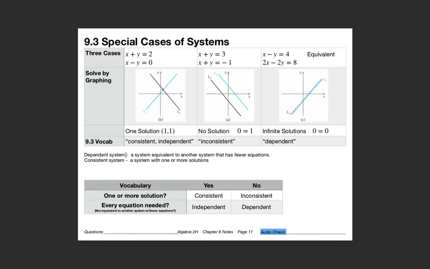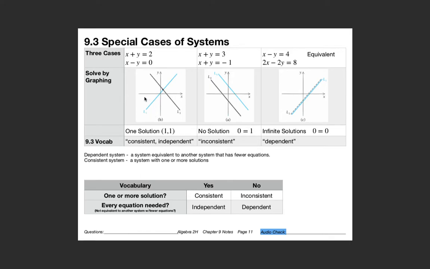Now, dependent is a little trickier, and so basically what you need to ask yourself is, is every equation needed? For example, here you need both of these equations to arrive at your solution. If you just have one of them, then you won't be able to get the solution that you have. But if every equation here is needed, then that is, yes, independent.